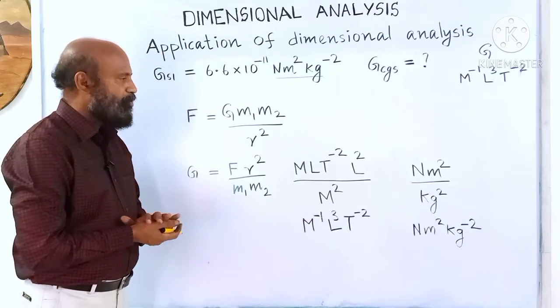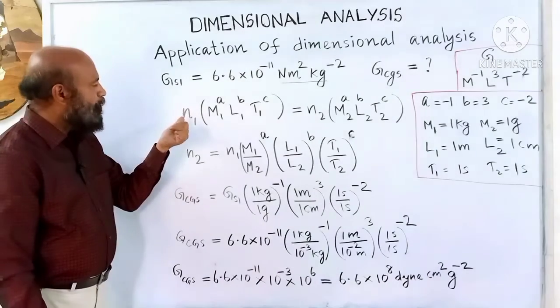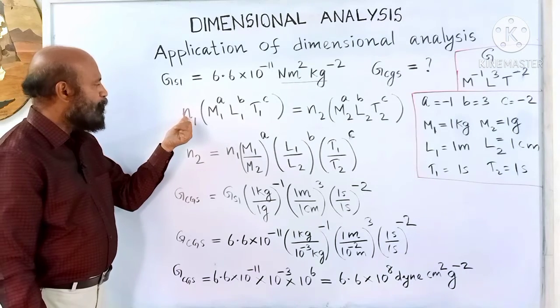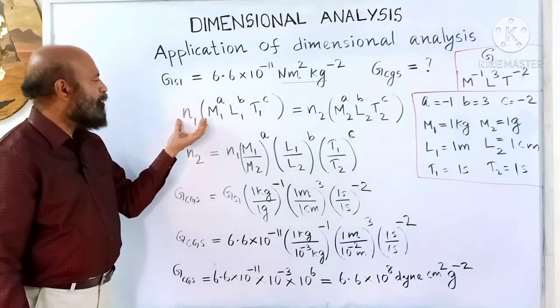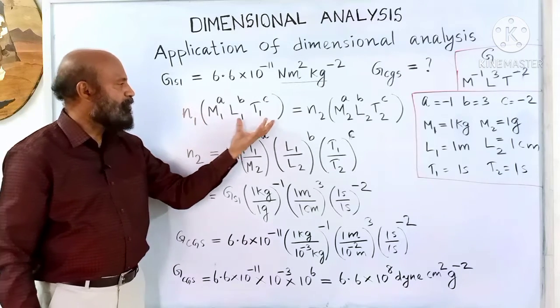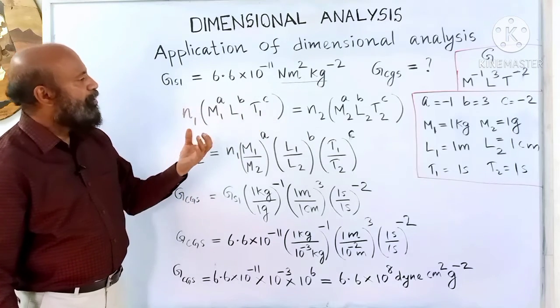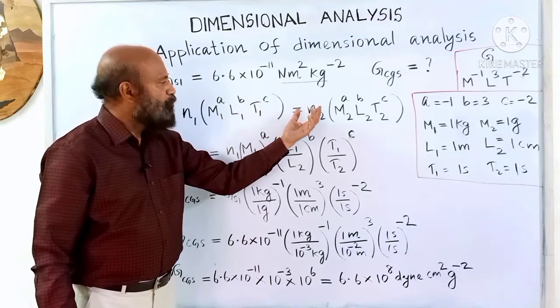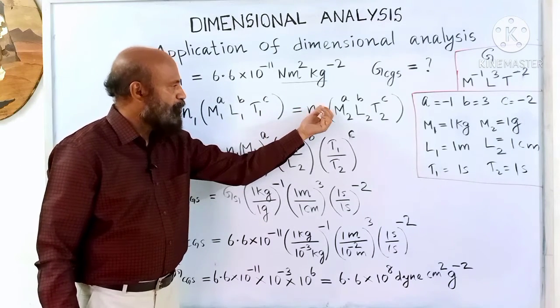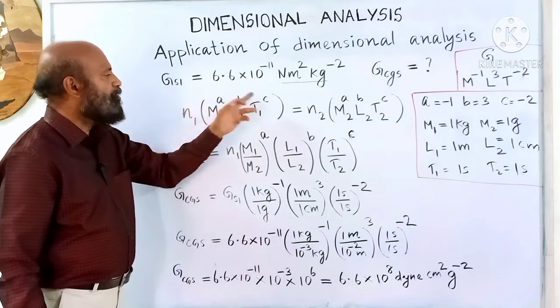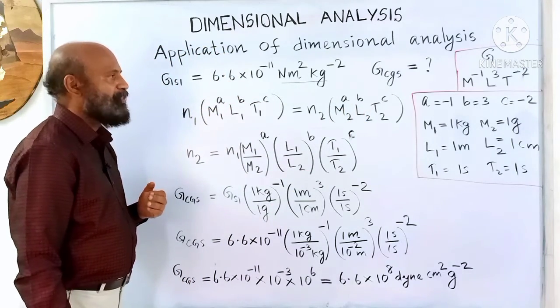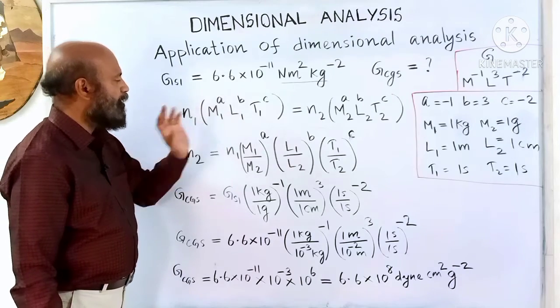Numerical value in the first system N1, numerical value in the second system N2. Numerical value into unit in the first system will be equal to numerical value in the second system into unit in the second system. a, b, c are the dimensions in mass, length, time.